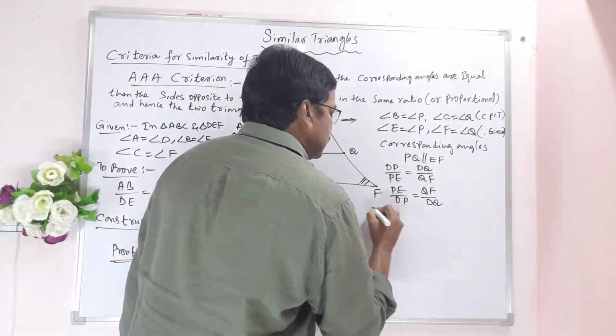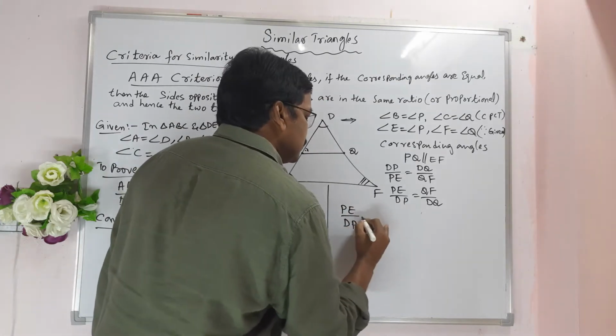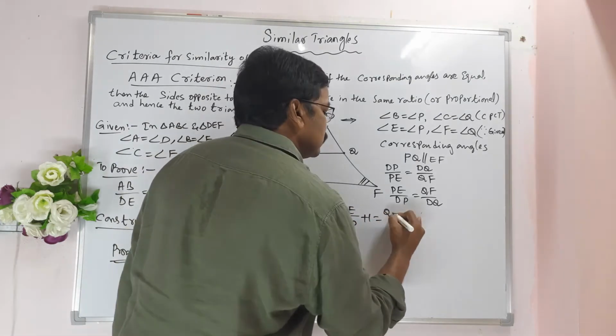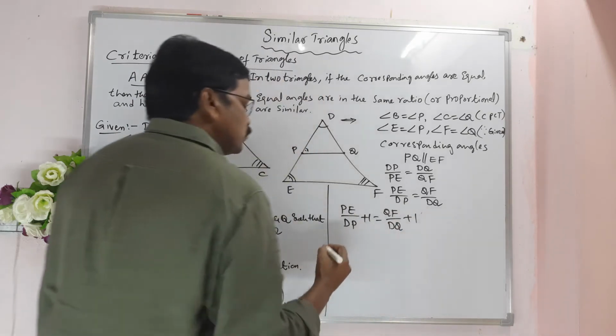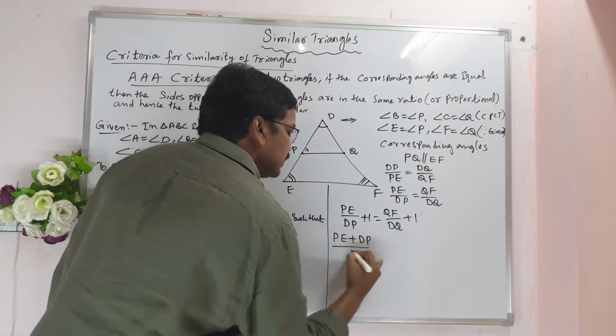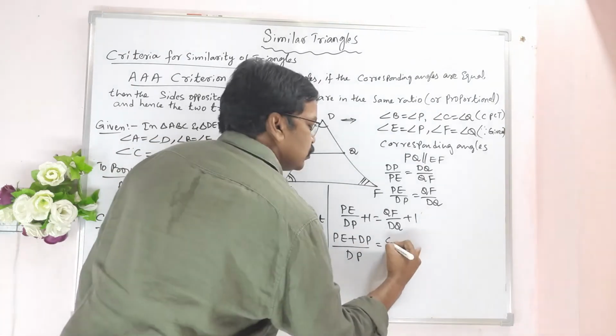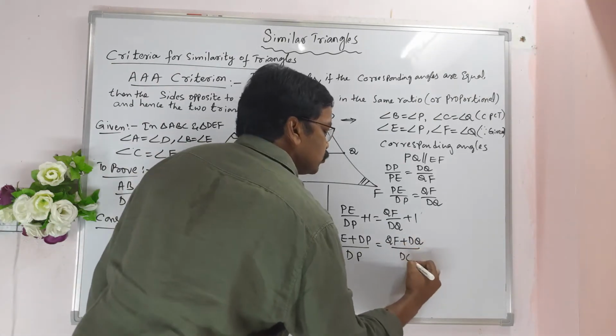Now, I add 1 on both sides: PE by DP plus 1 is equal to QF by DQ plus 1. That means PE plus DP by DP is equal to QF plus DQ by DQ.